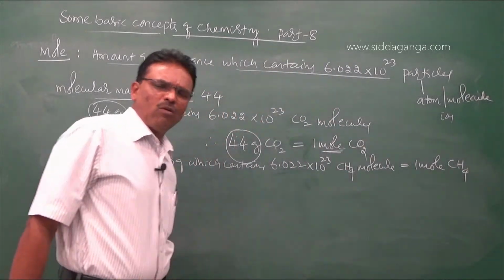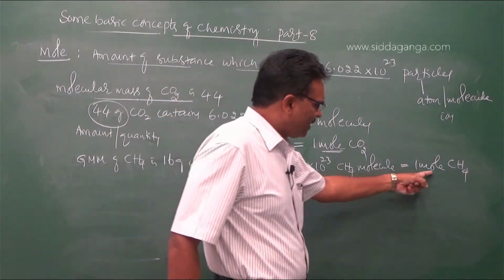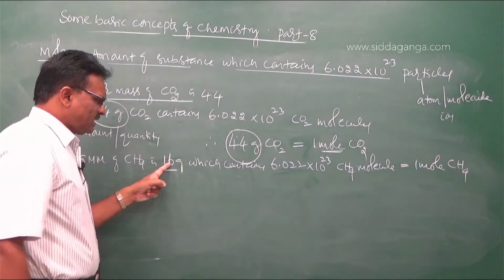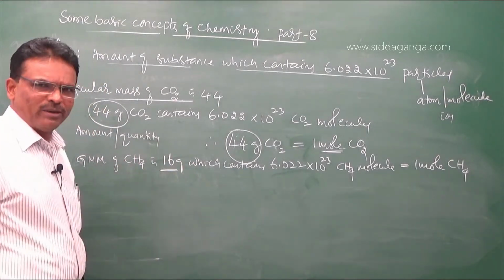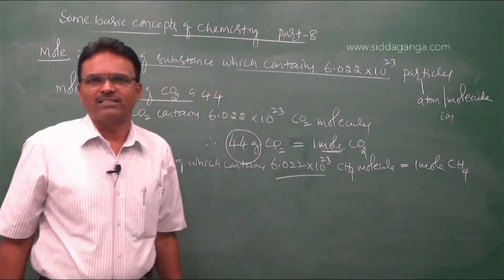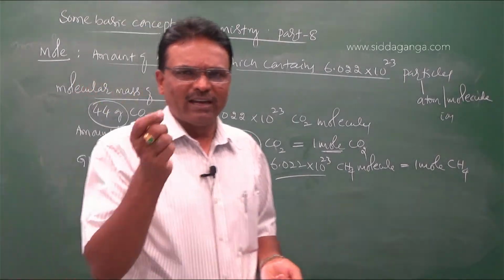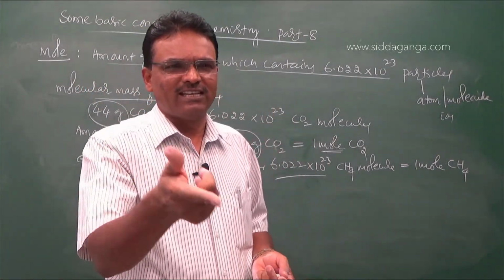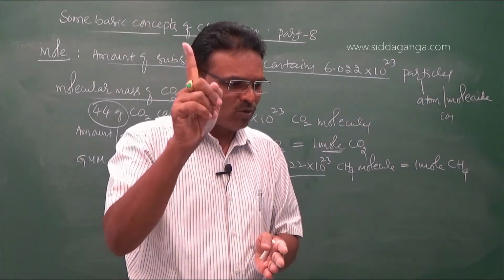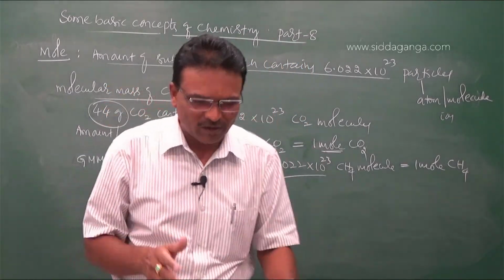Clear? So 1 mole means the amount, here 16 gram. 16 is the gram molecular mass of methane, which contains Avogadro number of methane molecules. So in general, the gram molecular mass of any substance contains Avogadro number of molecules, therefore gram molecular mass is nothing but 1 mole. Clear?